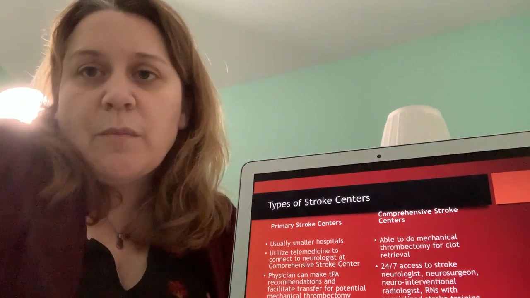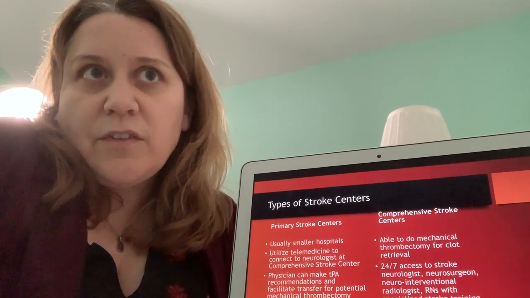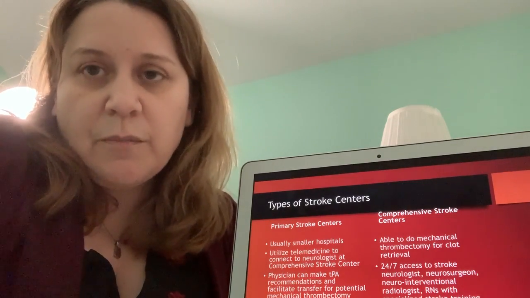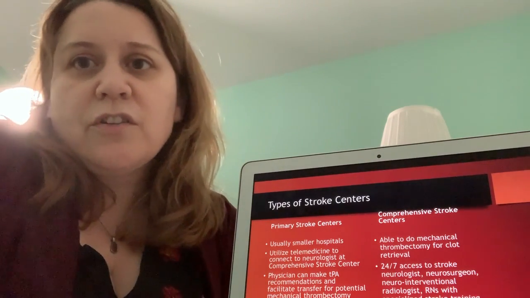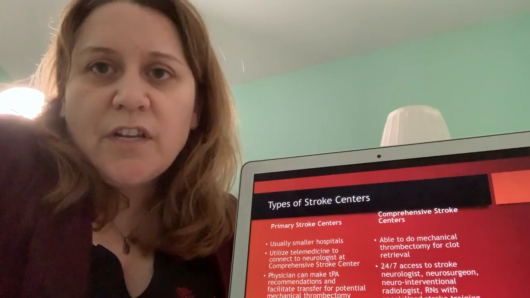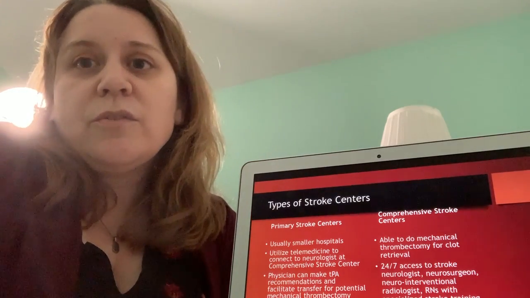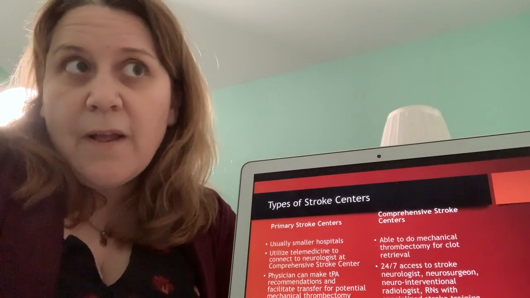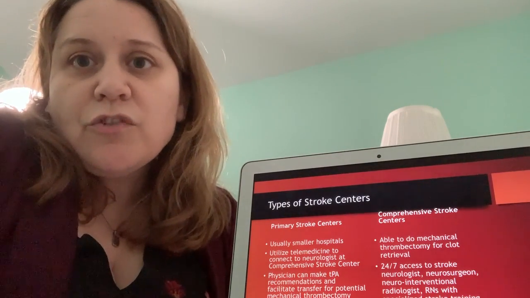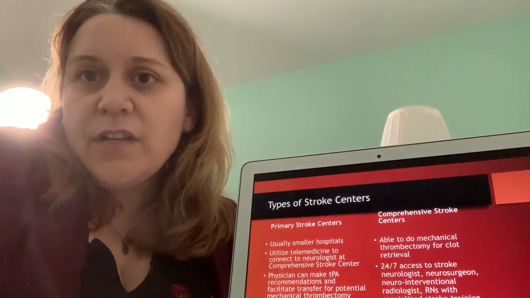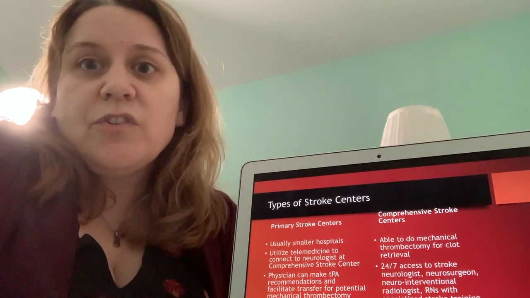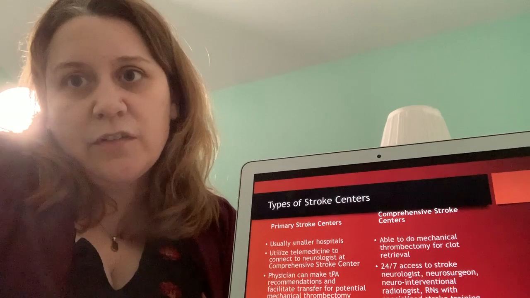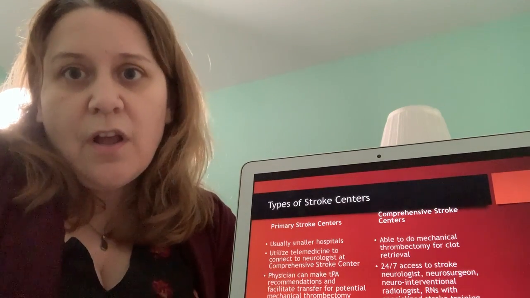So a neurologist from a remote site can assess this patient by video, do a full neuro assessment, take a health history, talk to the patient, talk to the family, make recommendations, advise on TPA dosing, and facilitate transfer to a comprehensive stroke center. If a patient is pretty straightforward without a lot of medical history, they can receive TPA or receive treatment for their acute stroke without being transferred to a comprehensive stroke center.